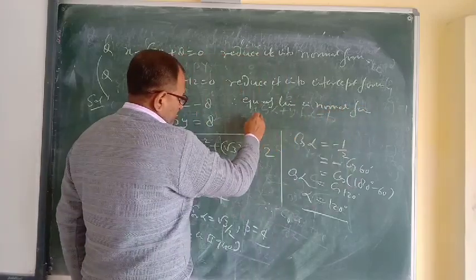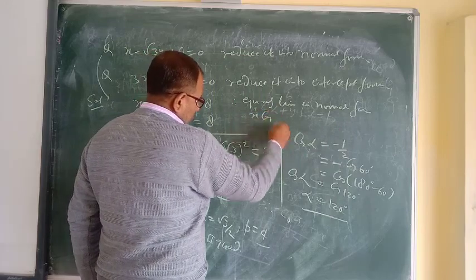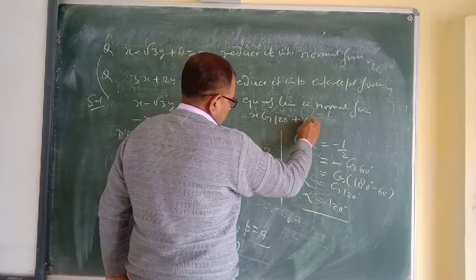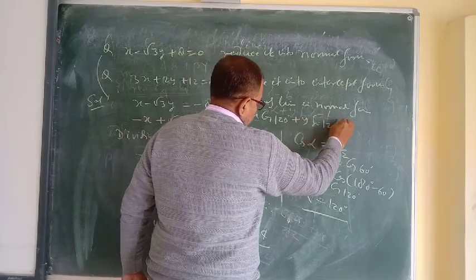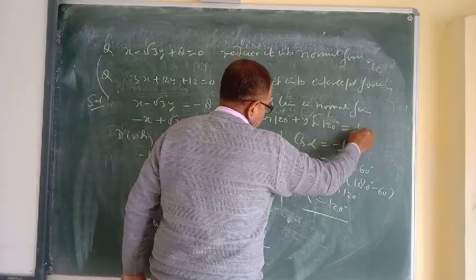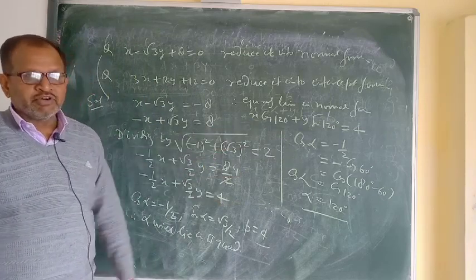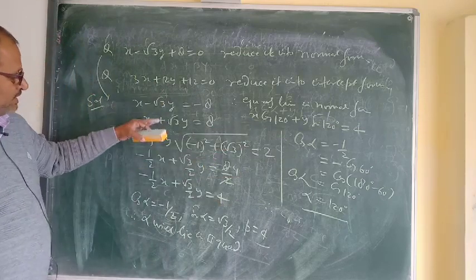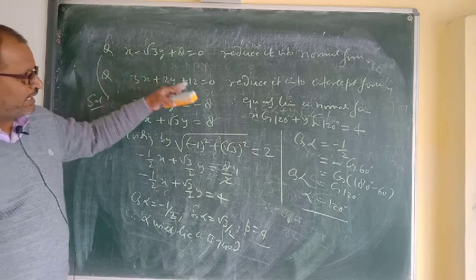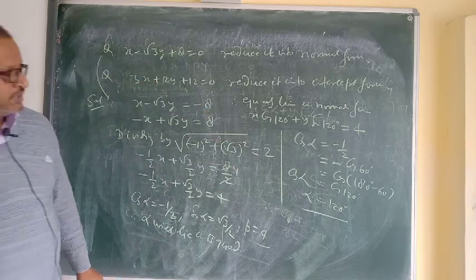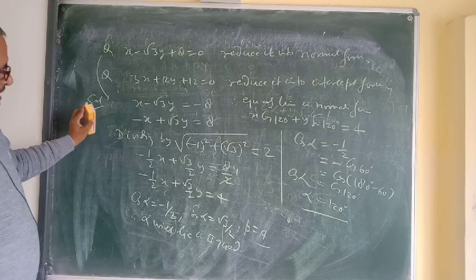What will be the equation of the line in normal form? x cos 120 degrees plus y sin 120 degrees is equal to p, which is 4. So this is the normal form of the line. In this way we can reduce a general equation of the line into the normal form. I hope that it is clear to you.